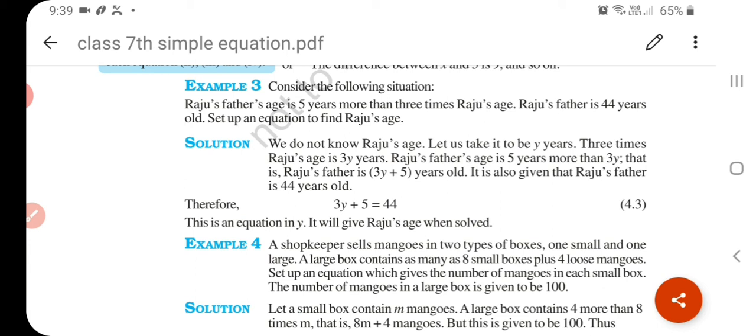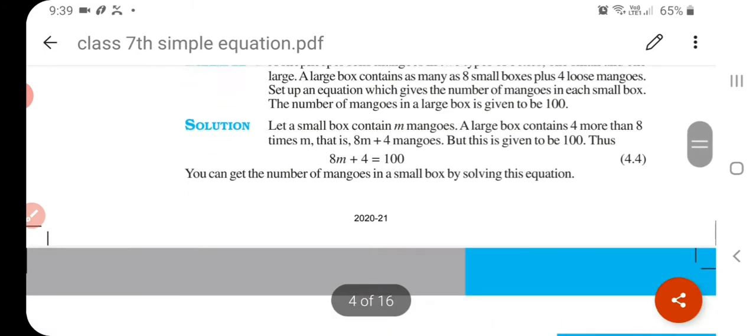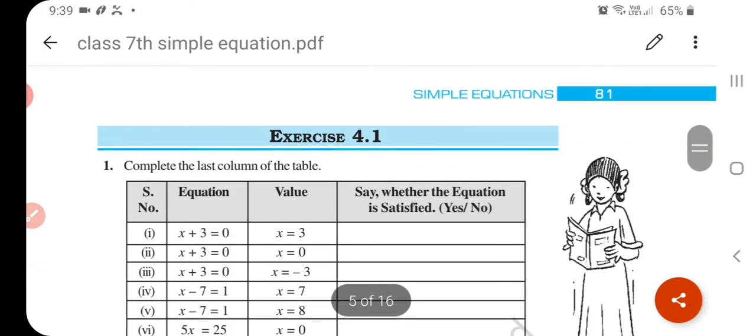And his age is 44. So take Raju's age to be y. Then the father's age will be 3y plus 5, and his age is 44, so your equation is 3y plus 5 is equal to 44. This chapter is all about daily life situations.